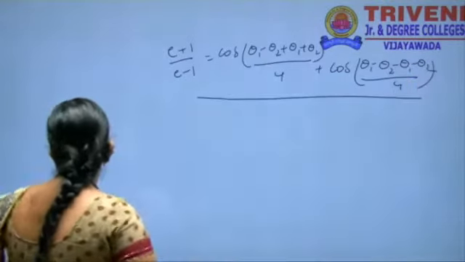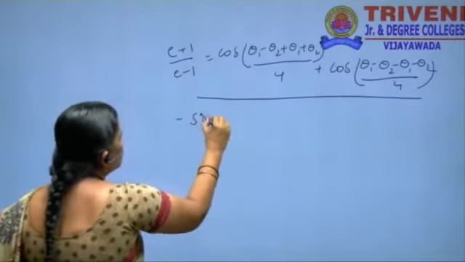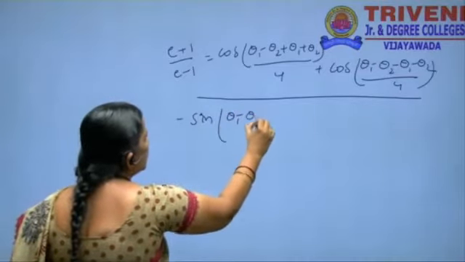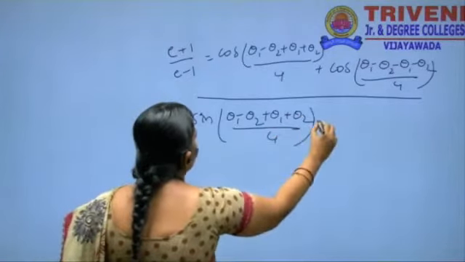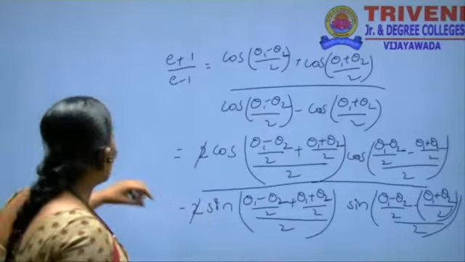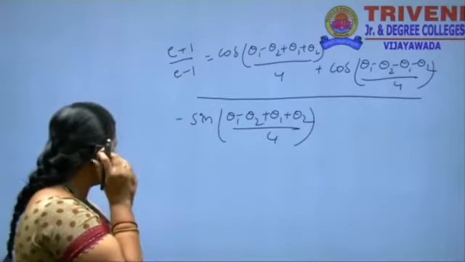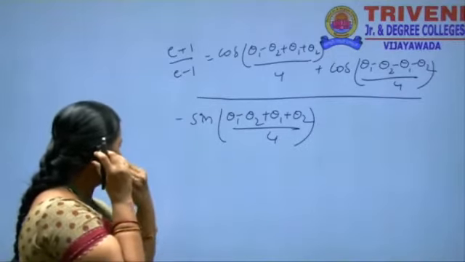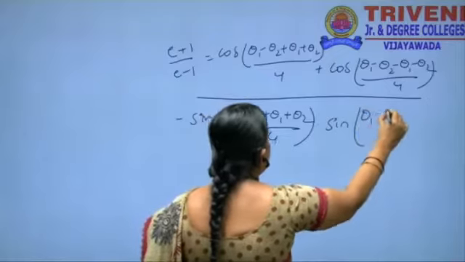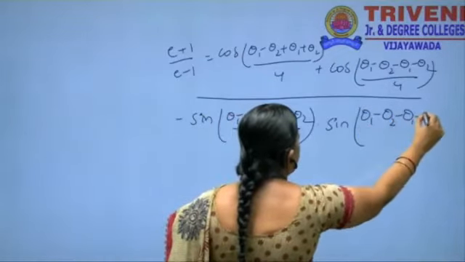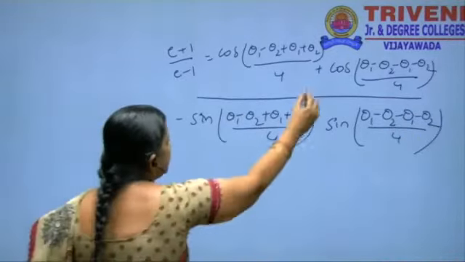In the denominator, 2 into 2 is 4, and also minus sine of (theta 1 minus theta 2 plus theta 1 plus theta 2) by 4, into sine of (theta 1 minus theta 2 minus theta 1 minus theta 2) by 4.